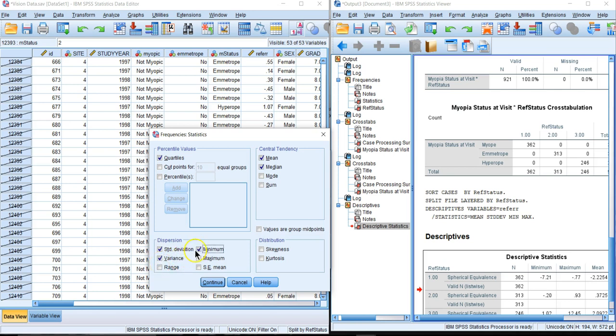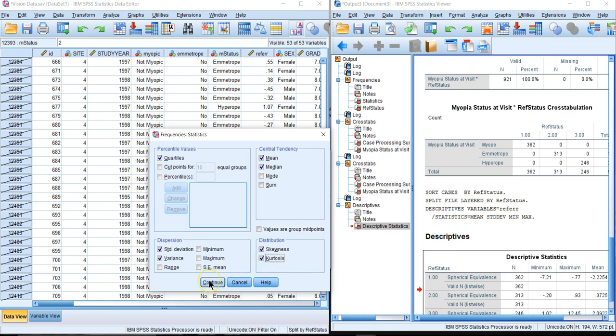We could look at min and max, but it's not all that necessary because we're going to get the distribution. And skewness and kurtosis are 2 very important variables. Skewness tells us if the distribution is not symmetrical and which way does it go. Kurtosis refers to how peaked it is.